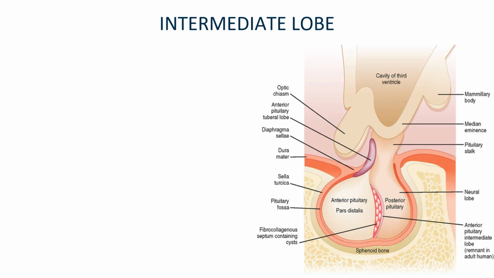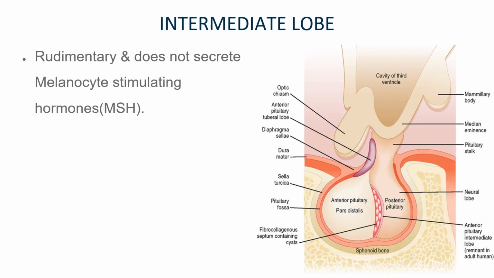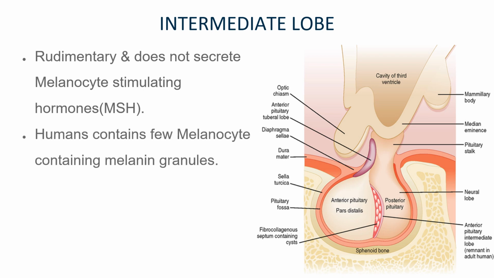The intermediate lobe of the pituitary gland is rudimentary in humans as well as in a few other mammalian species. In certain lower animals, this lobe secretes melanocyte stimulating hormone in response to changes in exposure to light and other environmental factors.